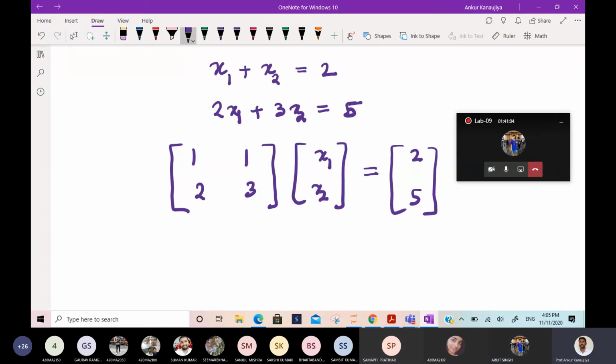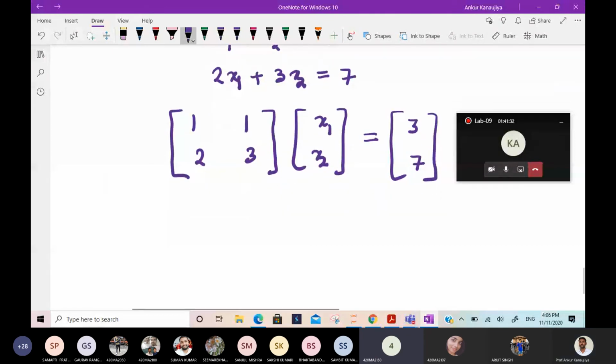So I have to give another example. Suppose x1 is 2 and x2 is 3, so 2 plus 3 is 5, and here 4 plus 3 is 7. Now tell me. Sir, overall it will not affect the answer.